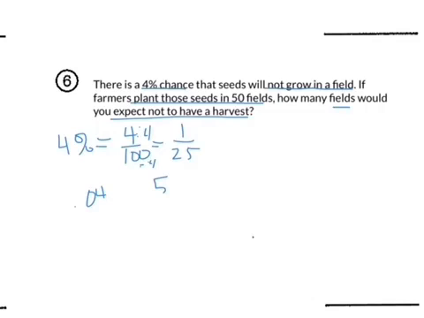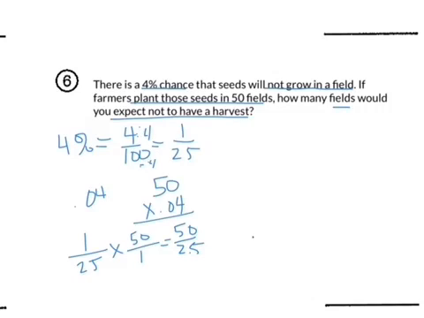There's a couple of different ways to do this. You could do 50 times 0.04, and solve it that way. Or you can do it as 4 100th times 50, or you can do it as 1/25 times 50. And if we do that, we get 50 over 25, which of course is equal to 2.